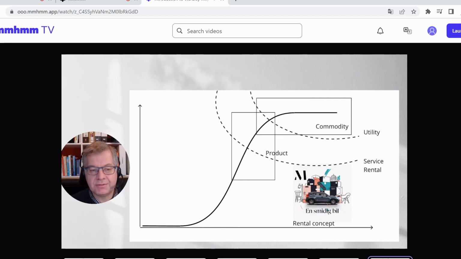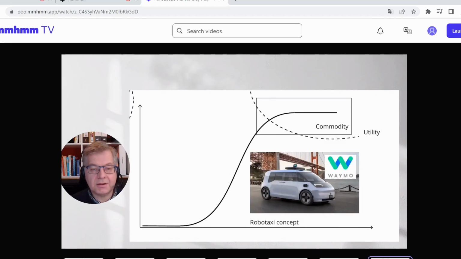This is also possible because the needs and wants and economics are well understood, so that companies can take the risk of offering these as a service. And then the last stage of the market, that's utility, where the benefit is delivered in the same way as utilities such as electricity and water. Mobility as a service is heading in this direction.